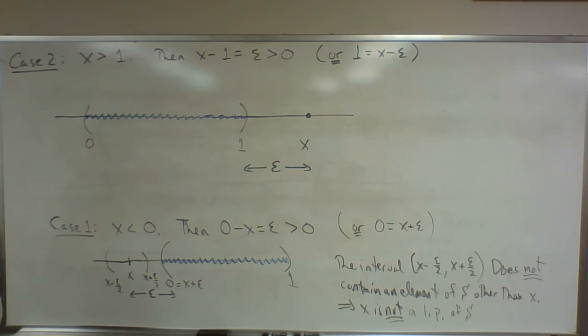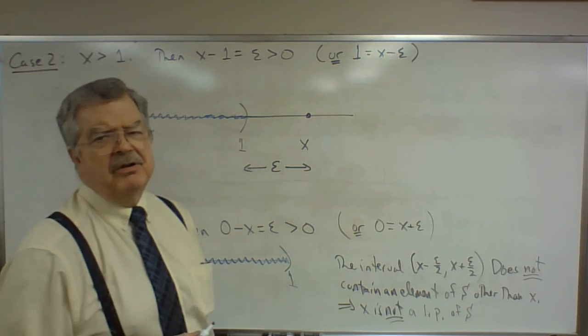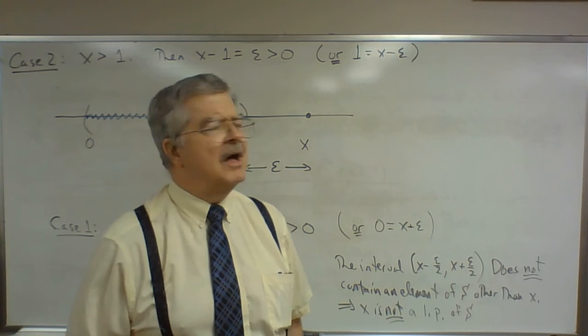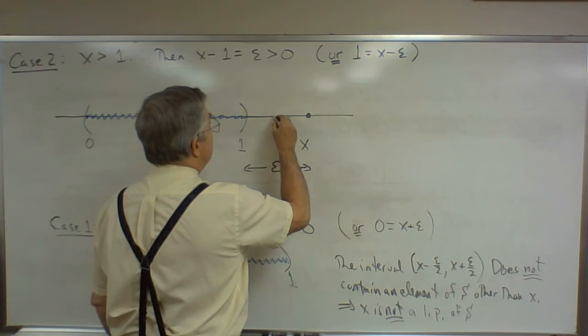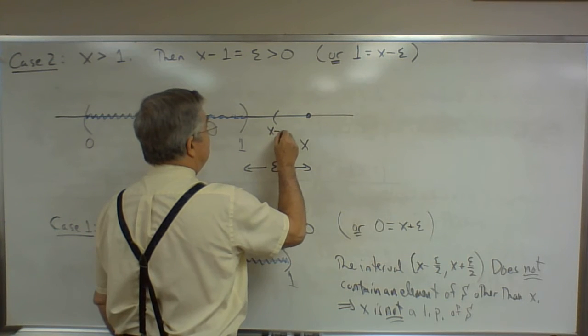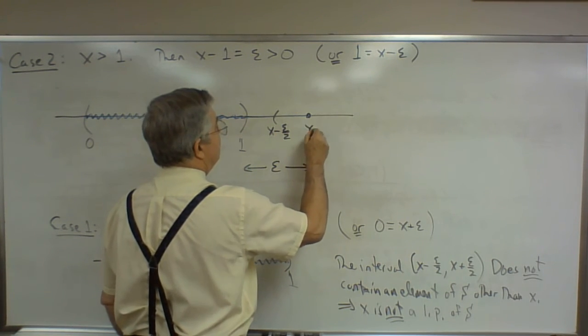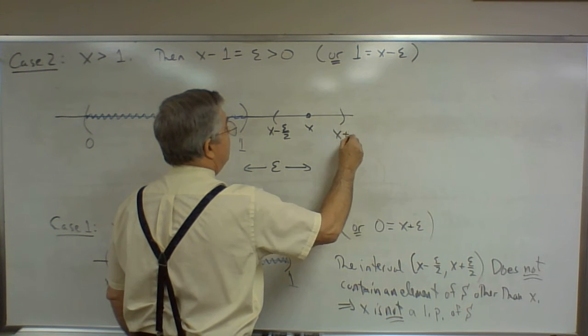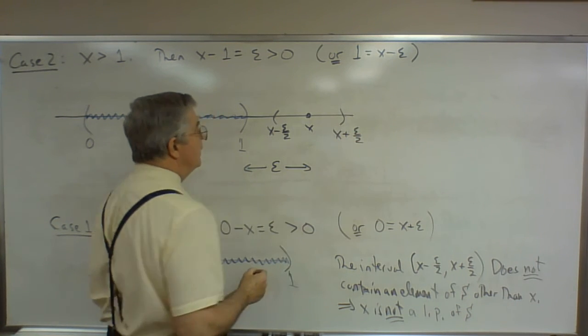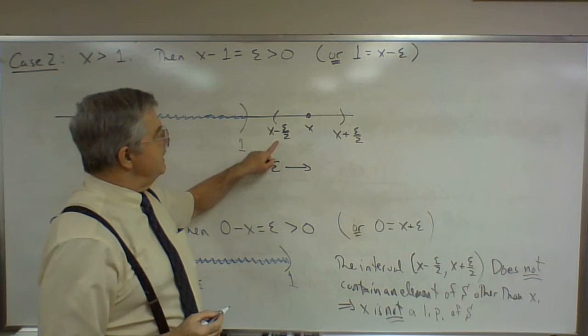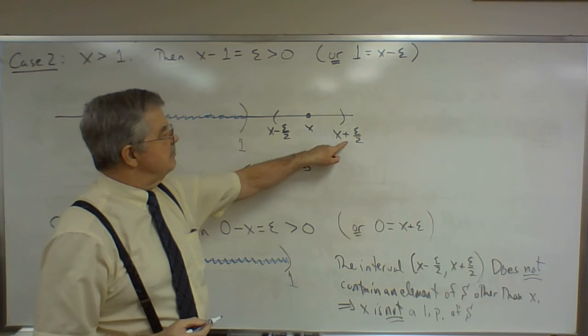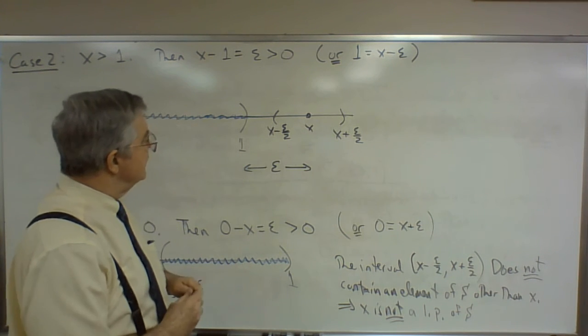And let's pull the same trick that I pulled before. Let's take epsilon over 2. And that will give us an open interval around x.